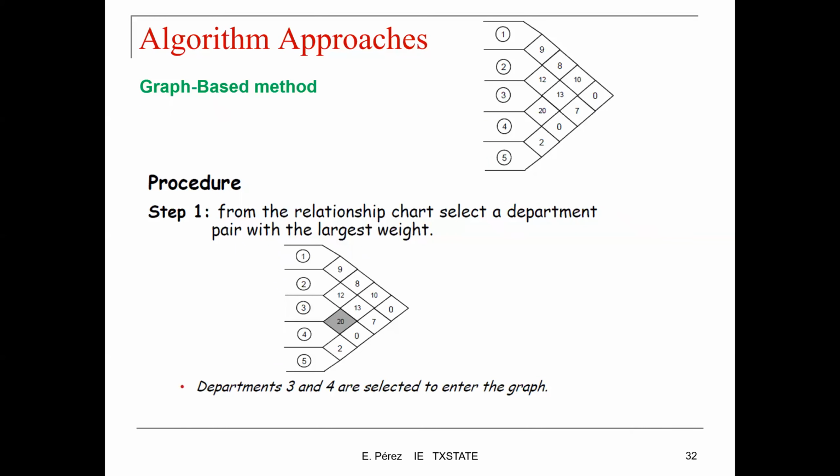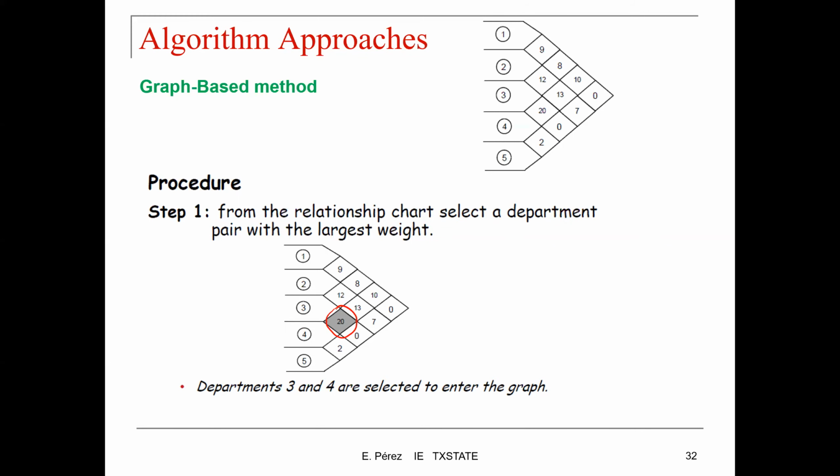For the graph-based method, the procedure is the following. Step 1, from the relationship chart, select the department pair with the largest weight. In this case, the pair with the largest weight is departments 3 and 4, because the relationship is 20.